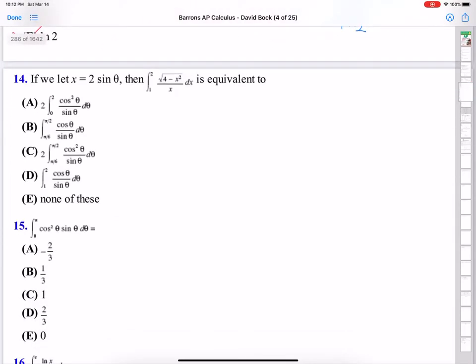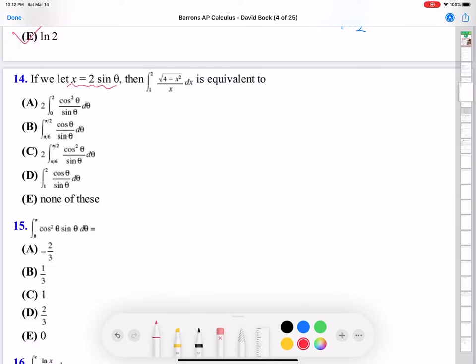Let x equal 2 sine theta. Okay, x equals 2 sine theta. And you're going to find the integral from 1 to 2 of square root of 4 minus x squared over x dx. Just plug in 2 sine theta for x. Kind of a substitution, right?